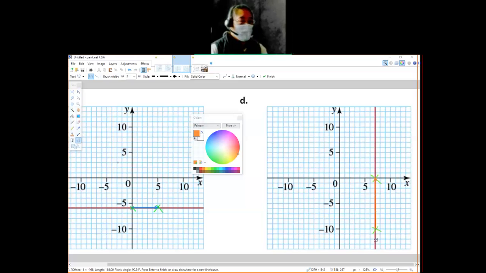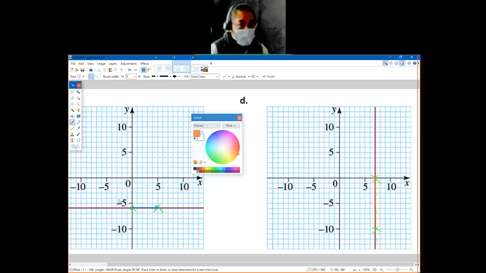Okay, so to summarize, let me write in black. When the line is horizontal, it's parallel to the x-axis, so the gradient is, pardon my writing, I'm using a mouse, 0.